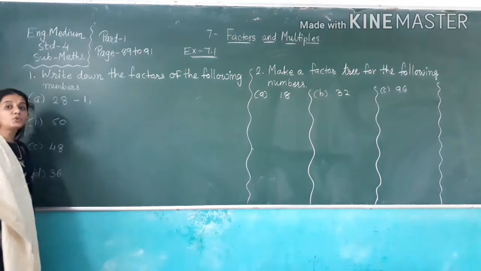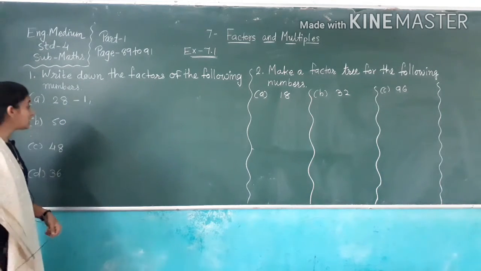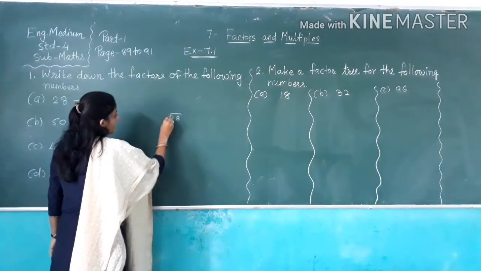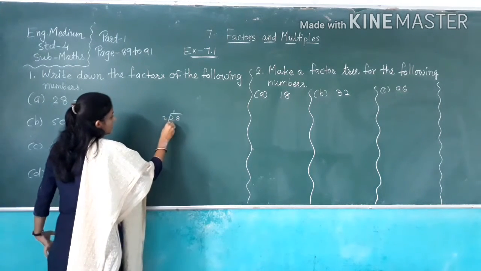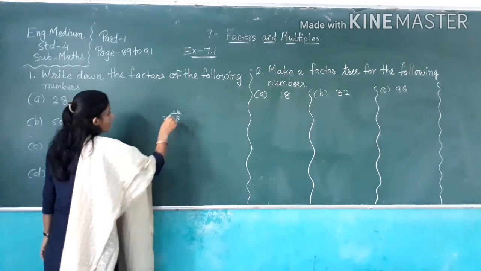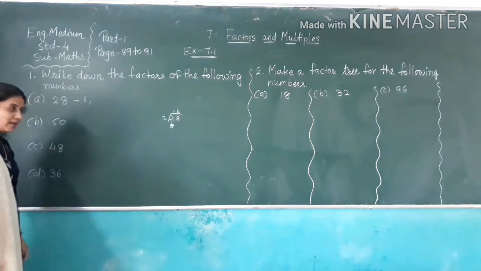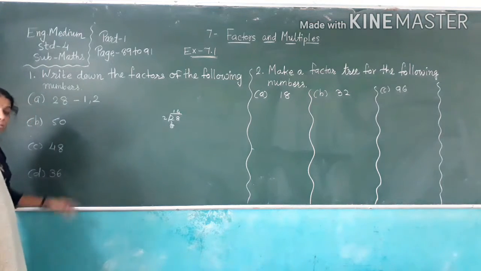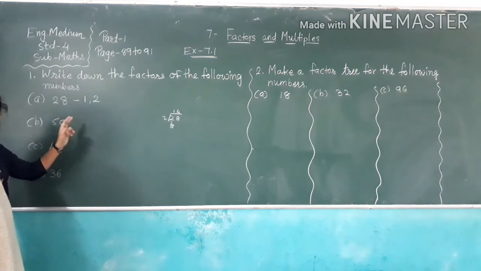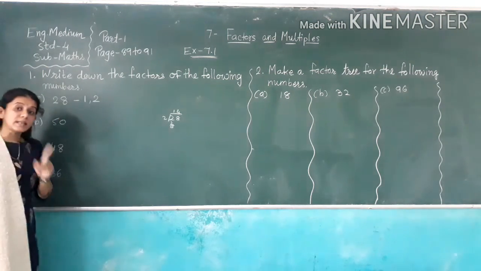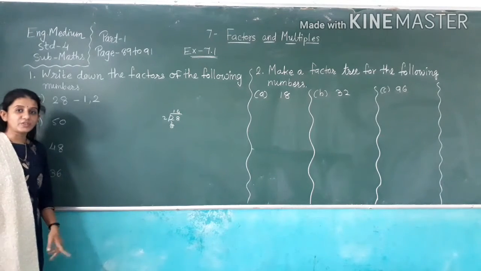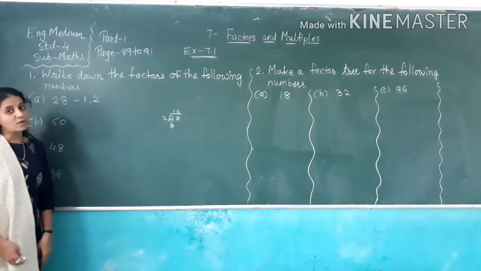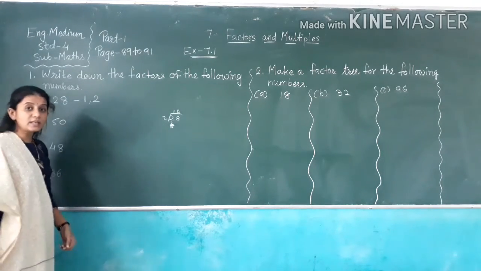Now try with 2. 28 divided by 2, here 14. 14 twos are 28. So 2 is also a factor of 28. Now 7 fours are 28 and 4 sevens are 28.